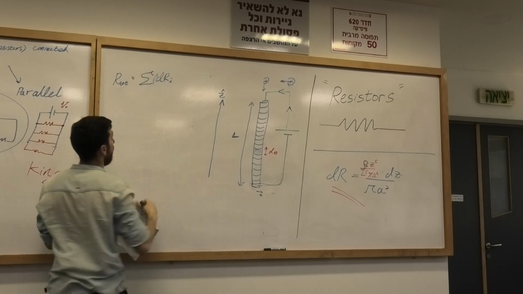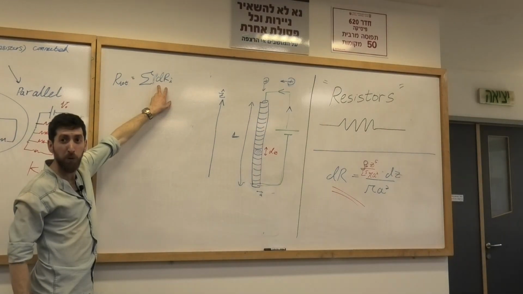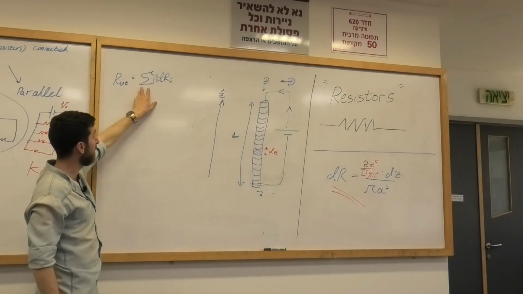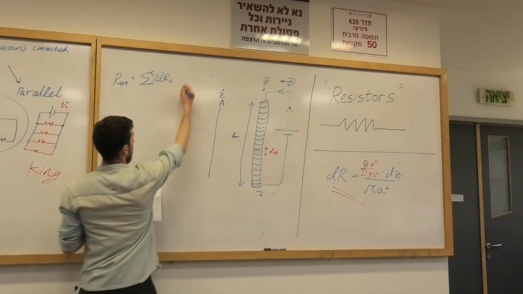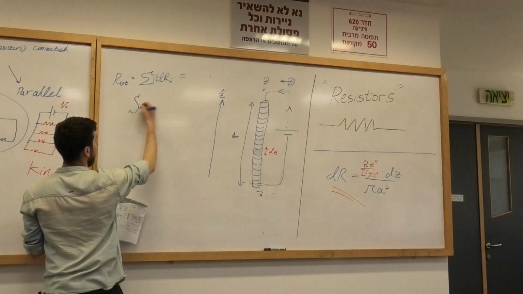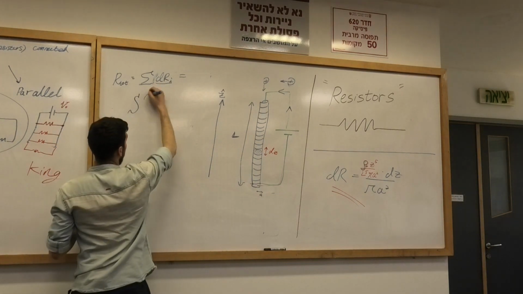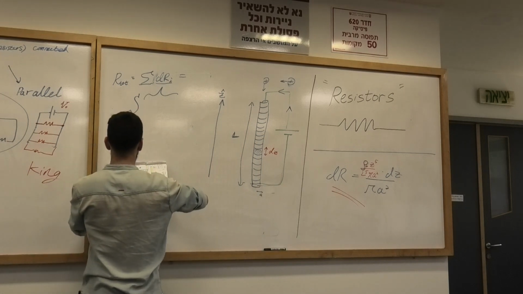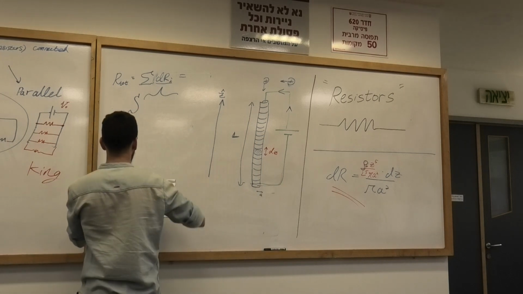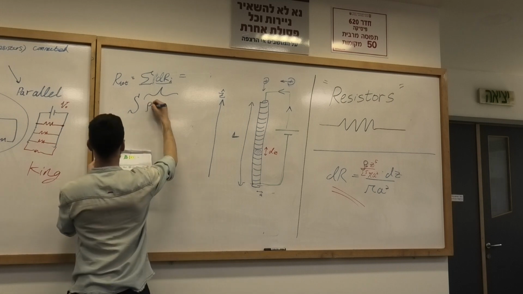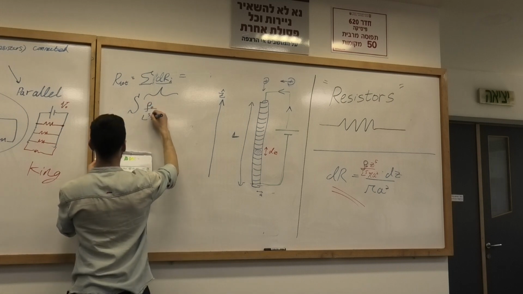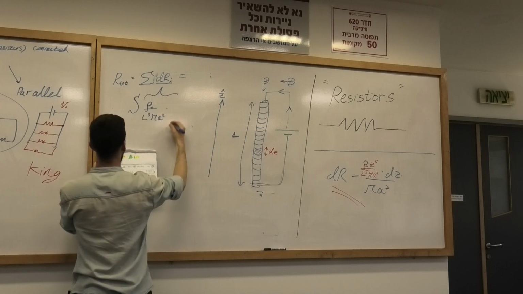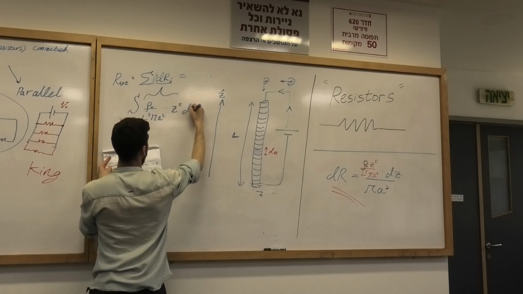And since we sum really small values, really small changes in dz, I can change this to an integral, right? Integral of dR. And dR is this term, as we remember: rho 0, L to the 5, pi a squared, multiplied by z to the 5 dz.